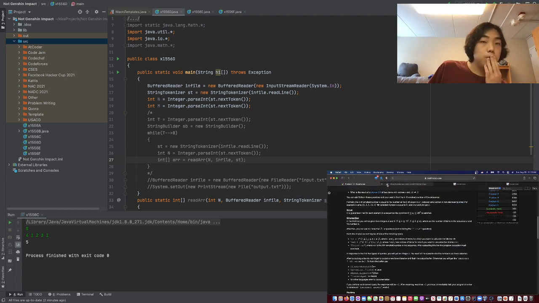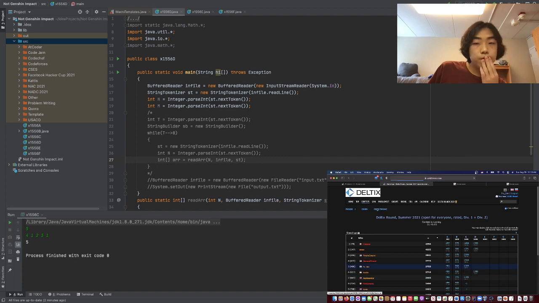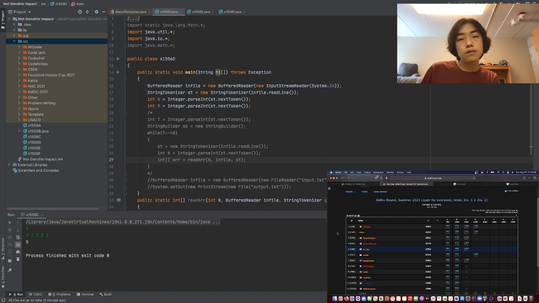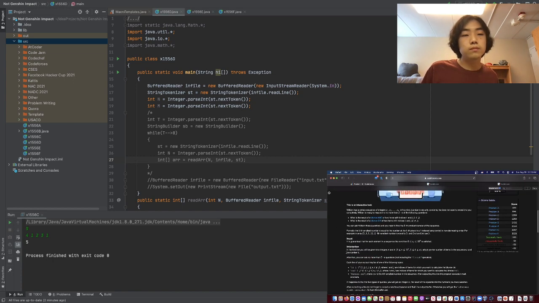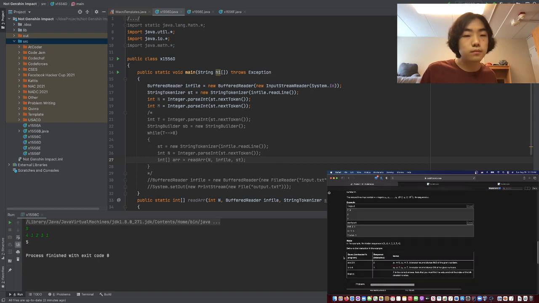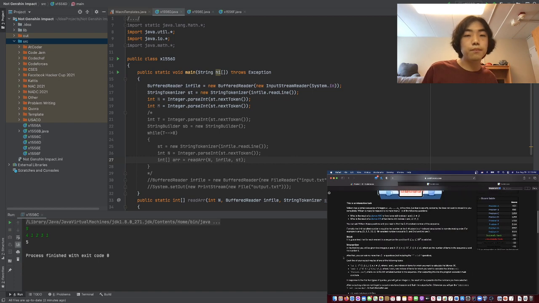Okay, so problem D is, if it's something like bitwise or bitwise and tells us the bits in here.